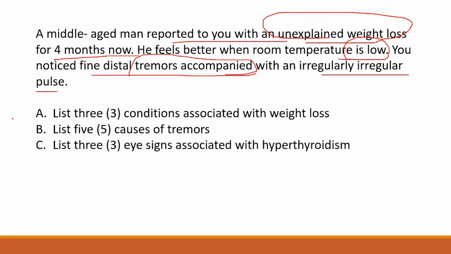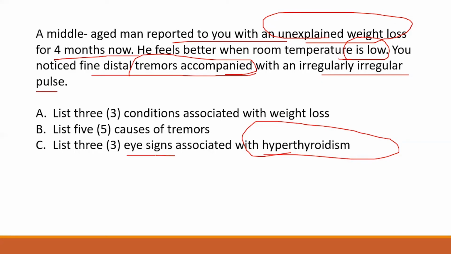Now, 3 eye signs associated with hyperthyroidism. Eye signs. So basically, you are going to be looking at what? Periorbital edema, conjunctival edema, lid retraction, lid lag.